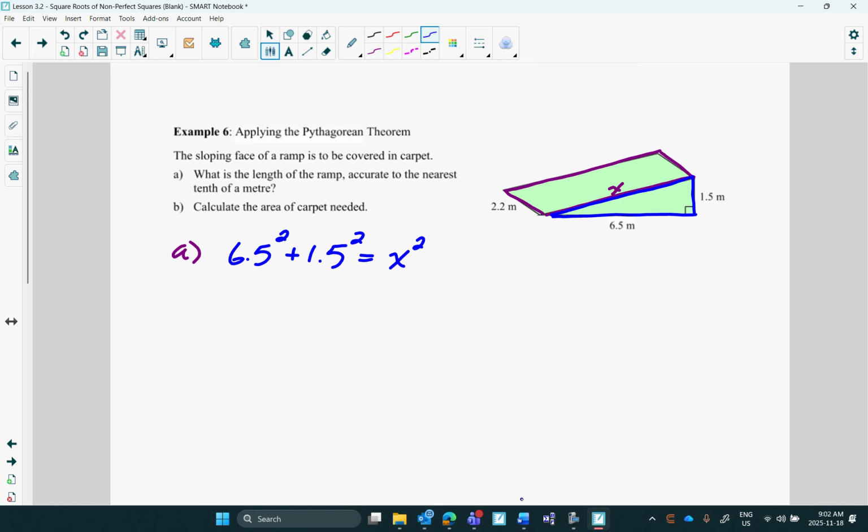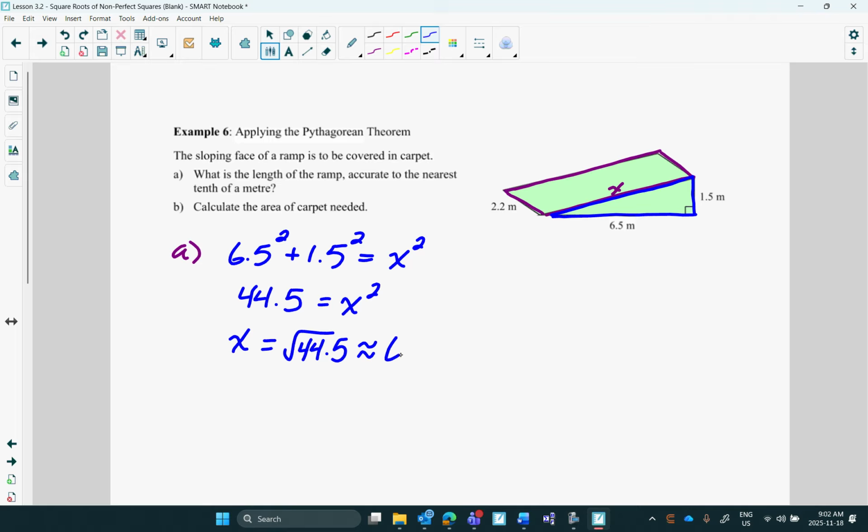No, I need my calculator for that one. 6.5 squared plus 1.5 squared is going to give us 44.5. I was just saving a step. You don't have to. You can do these separately and write it here and then put it together. That's fine. So how am I going to find x? Square root of 44.5. And it's asking for the nearest tenth, which is 1 decimal place.